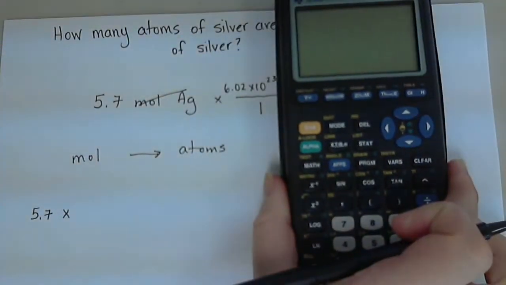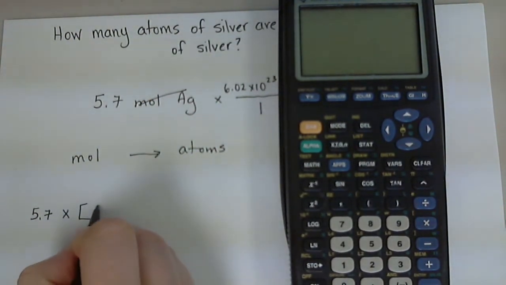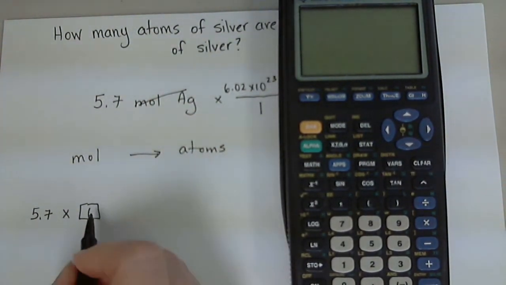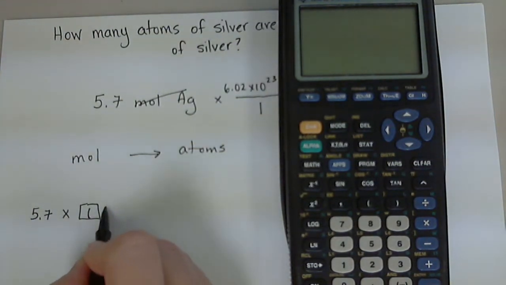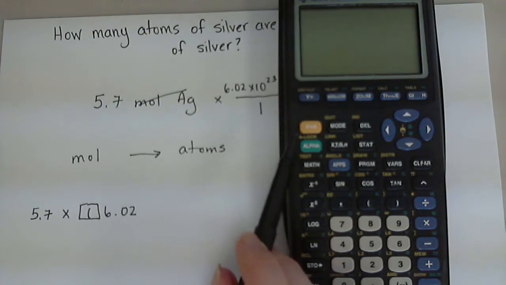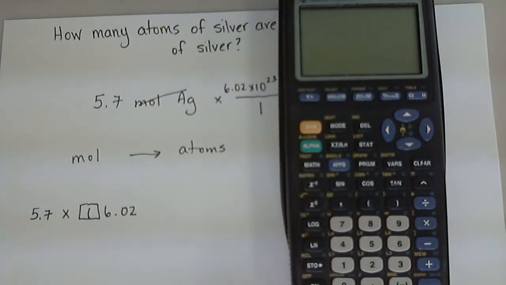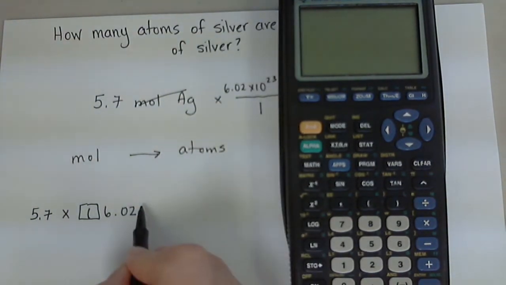Then what you want to do is you want to open a parenthesis. So I'll draw it as if the buttons you would press. You're going to open a parenthesis. You're going to put in 6.02. Okay. Then what you need to hit is, do you see this yellow second button? I know it's kind of blurry because of the height of the camera. Okay, but it says second on it. Second.